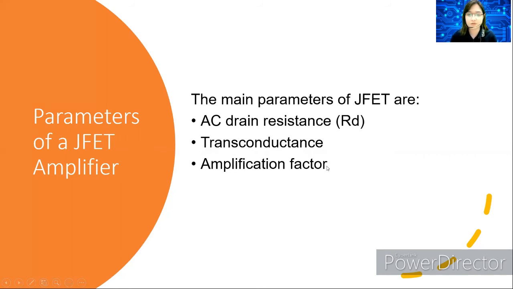For the amplification factor, it is the ratio of change in drain source voltage, delta VDS, to the change in gate source voltage, delta VGS, at constant drain current, delta ID. So it can be expressed as U equals delta VDS over delta VGS at constant ID.